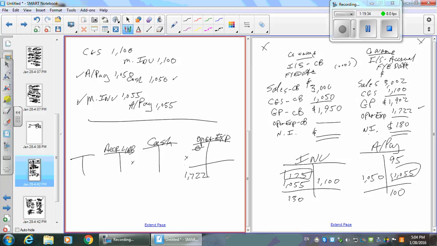I could also debit expense and credit cash, right? What else could I do? I could debit expense and credit what? It's going to be the asset instead of the liability. Well, it'd be prepaid. My prepaids are the deferred asset, and my accrued liabilities are the accrued liability. Got it?